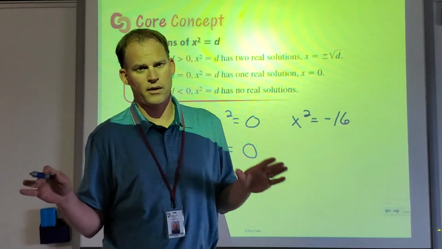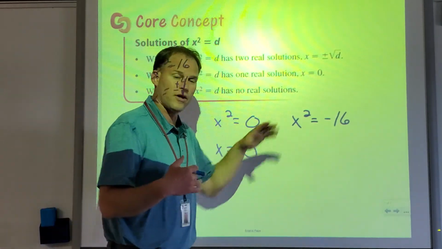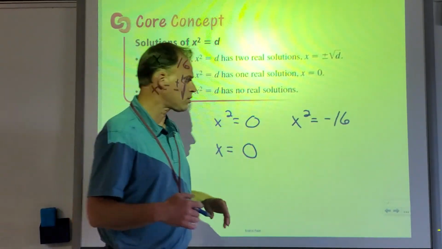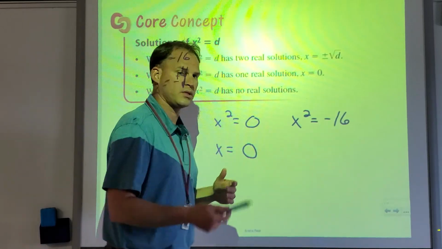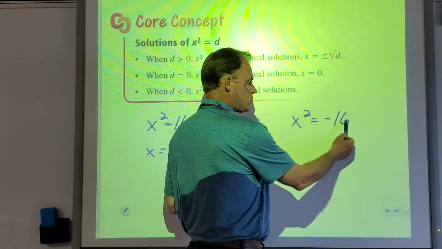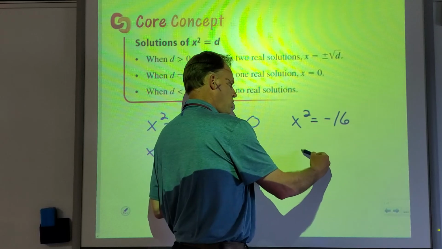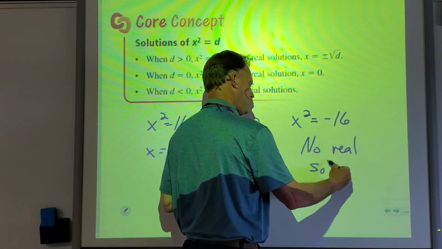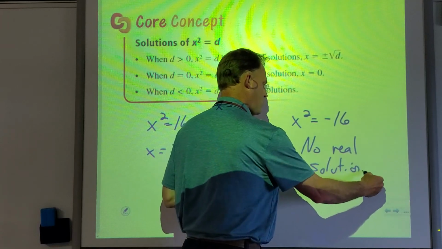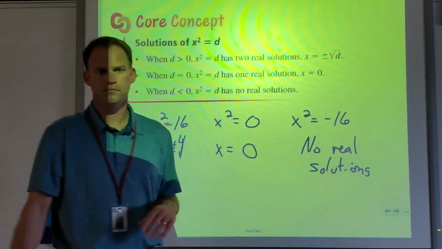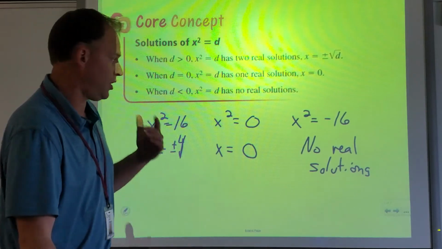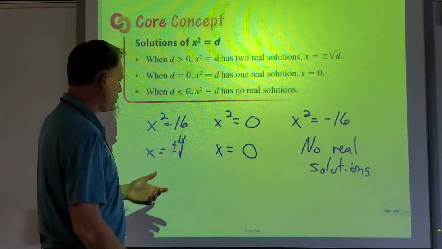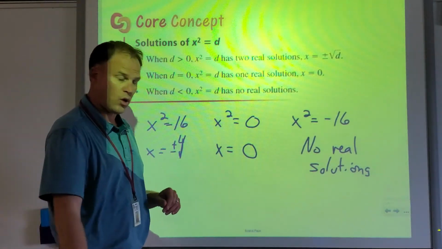We are not getting there right now, so just understand there is a way to do some work here, but for our purposes, if you have x squared equal to a negative number, we are saying no real solutions. Okay? Because it does have imaginary, no real solutions. So there's our three. We have two solutions, we have 0, or we have no reals.